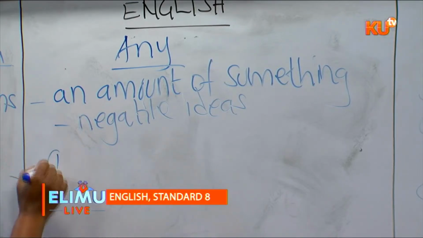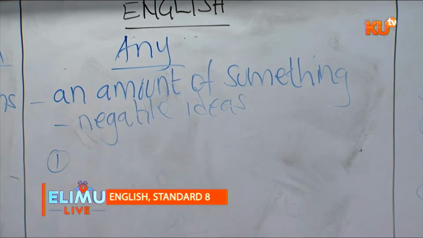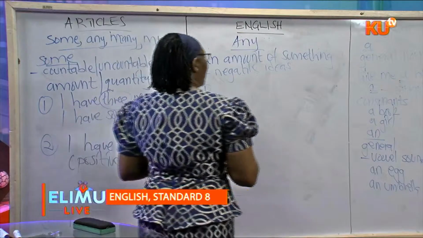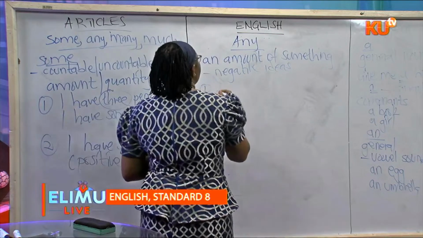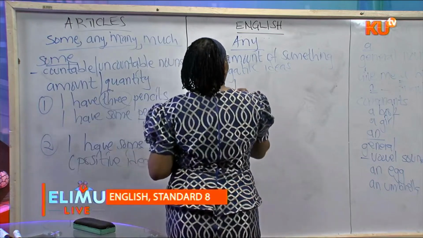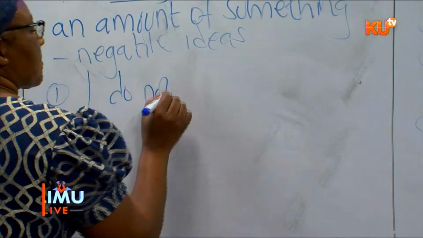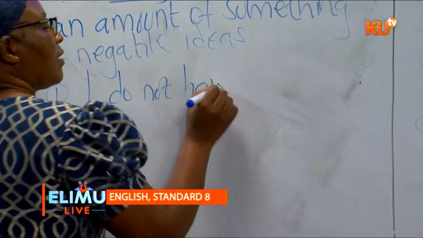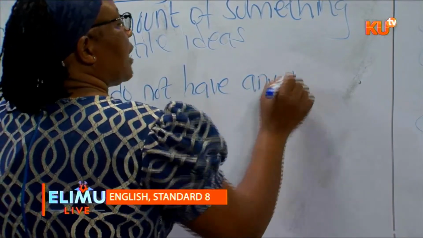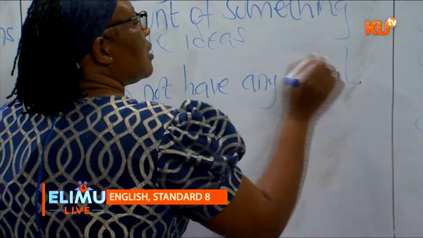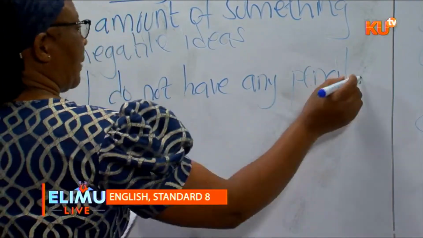An example: here we said I have some pencils, where we replaced the word 3 with some. If you don't have pencils, you would say I do not have any pencil.